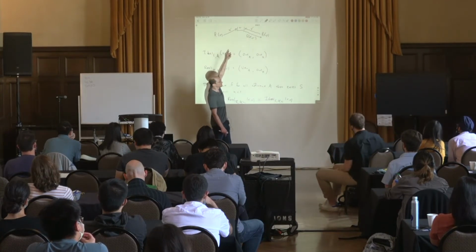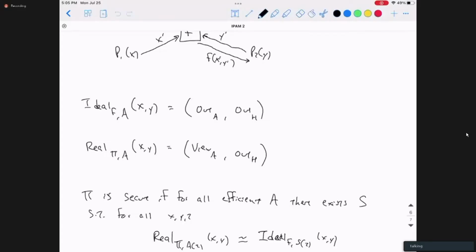Here, the view in the ideal world is nothing interesting because it's not receiving anything, so it can output whatever it likes. So in particular, what's going to happen in a moment is that when we want to show that this definition holds for some protocol, we're going to need to come up with some simulator S that's going to start generating something that looks like a transcript. So that's exactly what's going to happen.